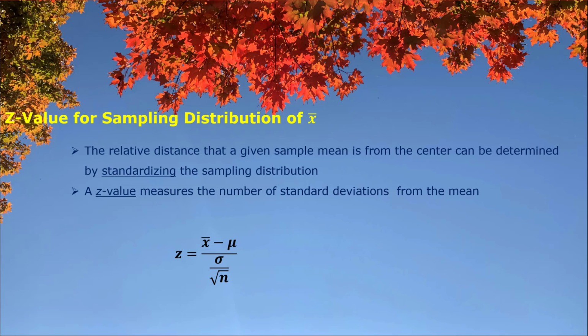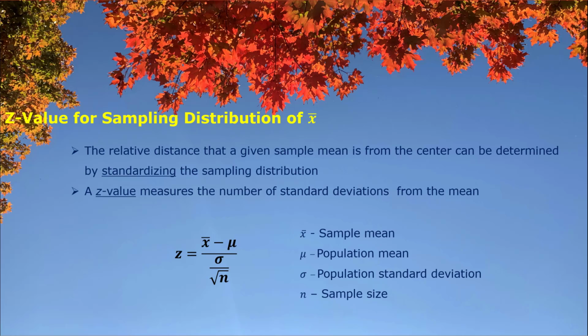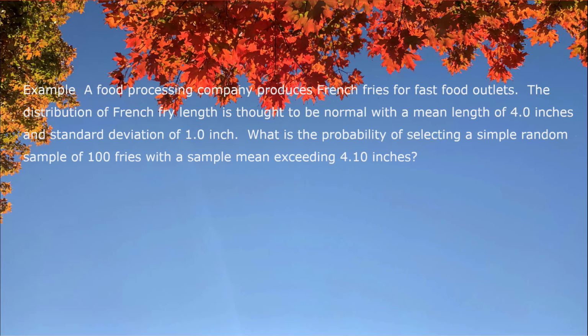From the central limit theorem, the standardizing process for a sample mean is described as the z-value, using a random sample mean minus the mean of the sampling distribution, then divided by the standard deviation of the sampling distribution. Here let's work out an example.